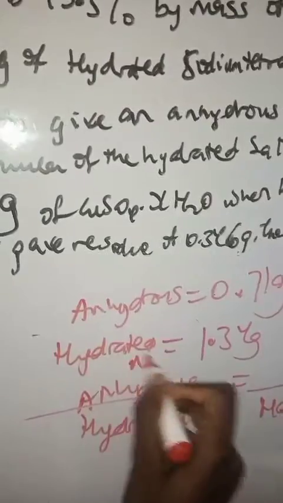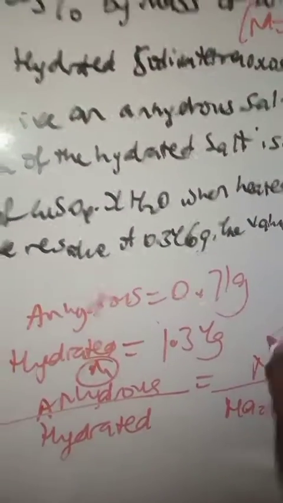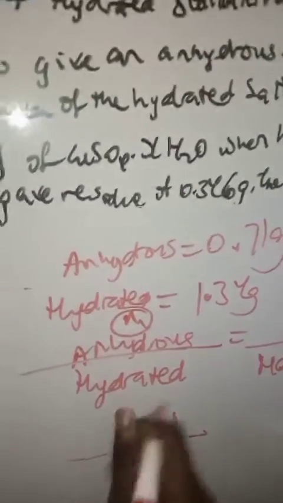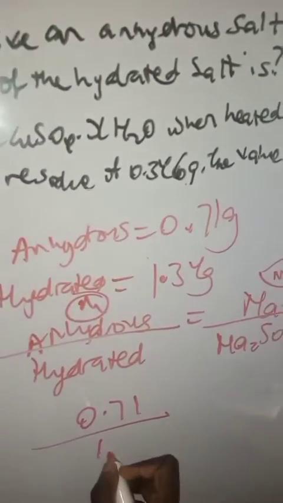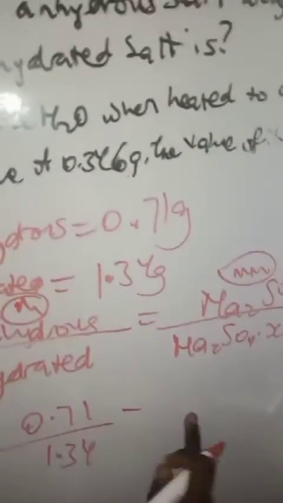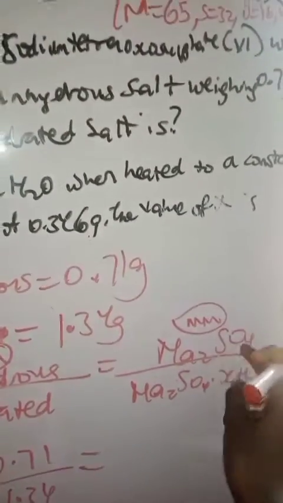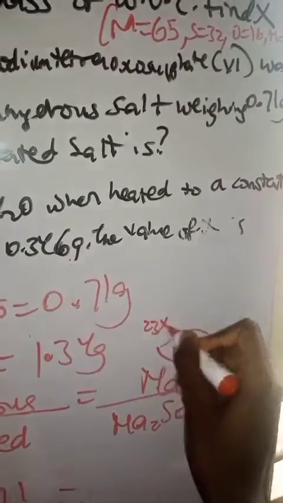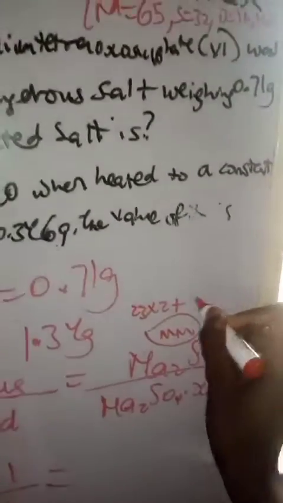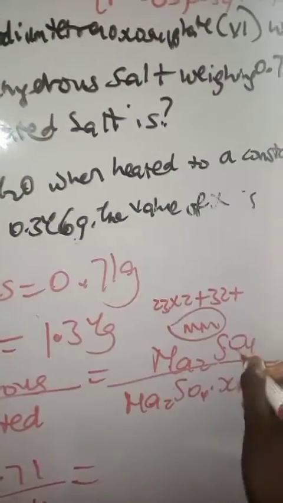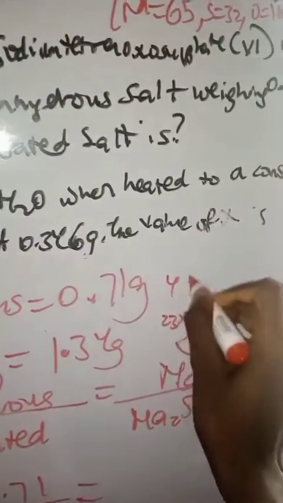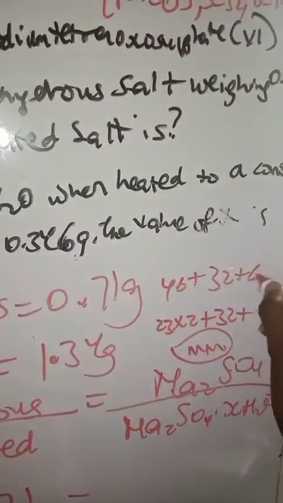Yeah, let's move on now. I said mass will be here, molar mass will be here. What's the mass of our anhydrous? 0.71. What's the mass of our hydrated? 1.34. Na2SO4, trying to find the molar mass. Sodium is 23 times 2 plus sulfur is 32 plus oxygen is 16 times 4, that's 64. 23 times 2 is 46, plus 32 plus 64.